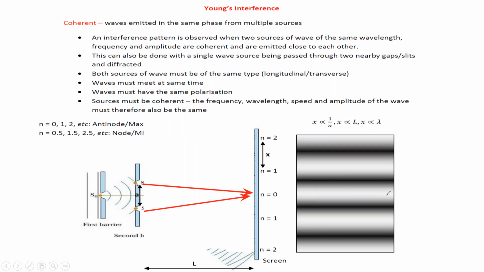Because it is a light wave, we will see a bright light, or we call that a maxima. We say that the central region, n equals 0, is known as the central maxima, or also the zero order image.